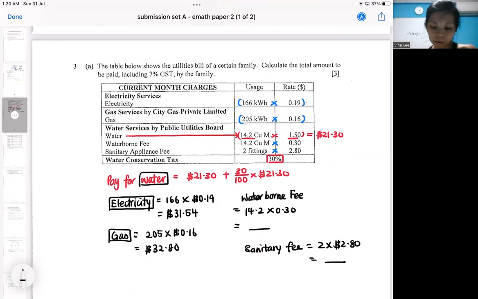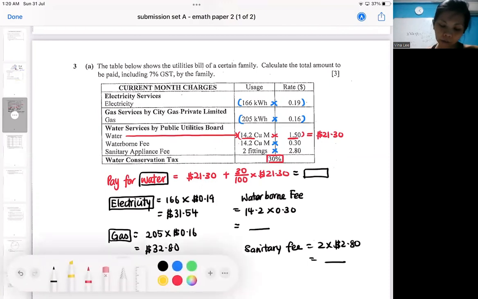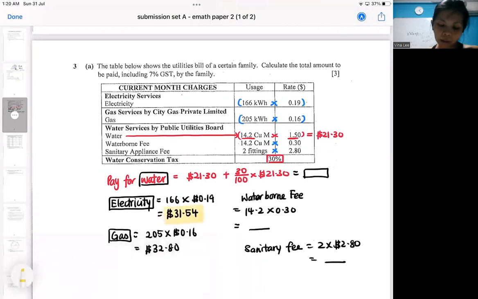So how many categories do you have? You can do a check as well. You got electricity, you got gas, you got water, you got the water bond fee, you got the sanitary fee. So these 5 items, you're going to add up, and then you add a 7% GST.